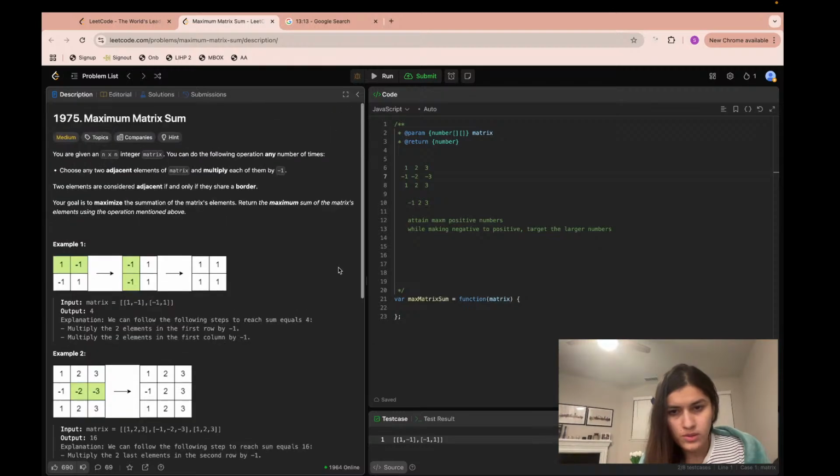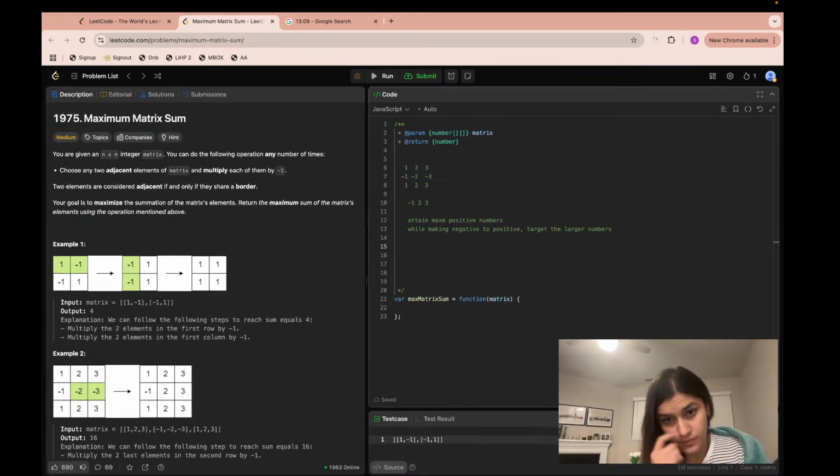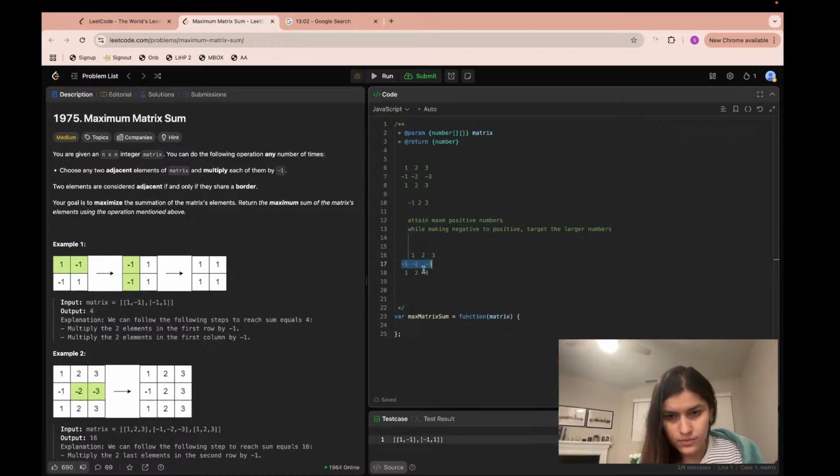Let's look at another example. What if this was not this one, but like this? Then what could I have done here?